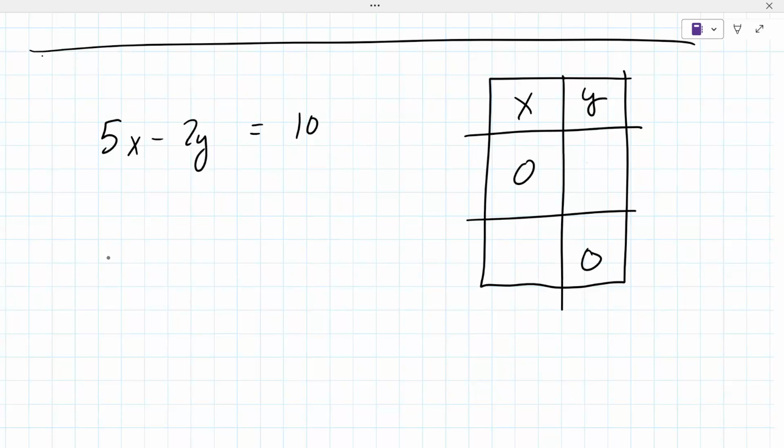You're close. Oh, okay. This negative goes with the 2. So -5. Yes.